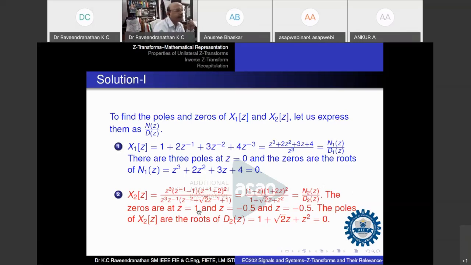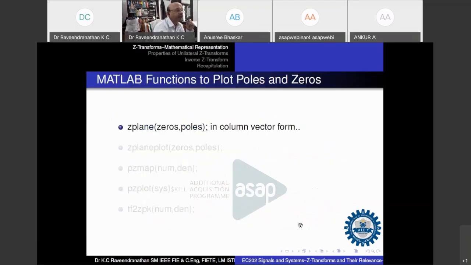The zeros are at z equal to 1, because when this is equated to 0, z becomes 1, and we have a multiple pole at z equal to minus 1/2. Similarly, we can equate this D2 of z to 0 and find the poles of this function.